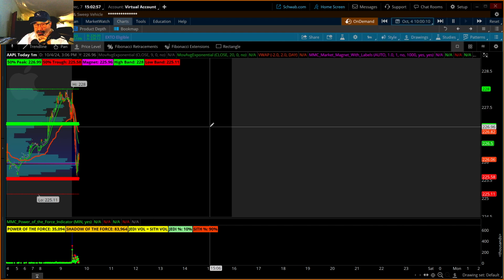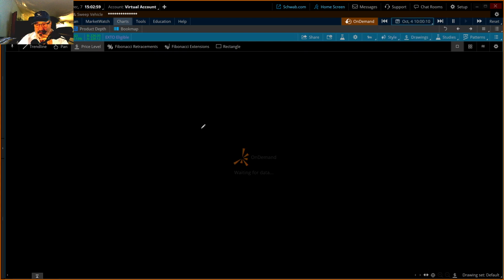See if it moves. Anything with on demand is an arduous process. Any move you make, this opens up, but it's a good way to back test on things.